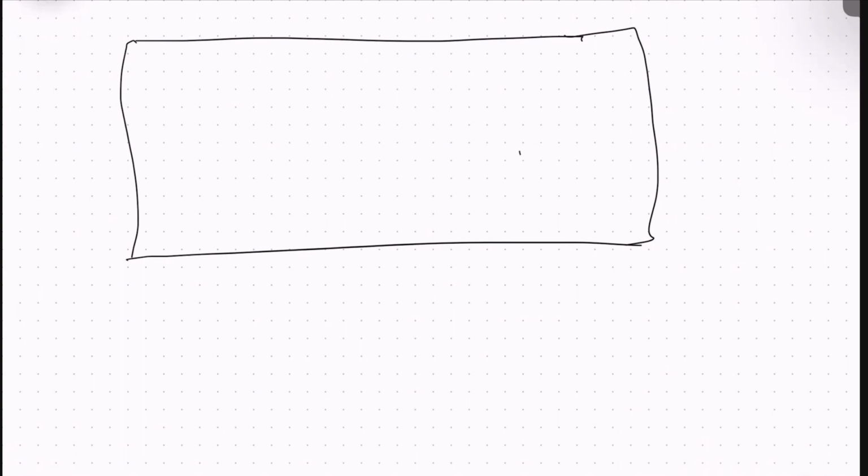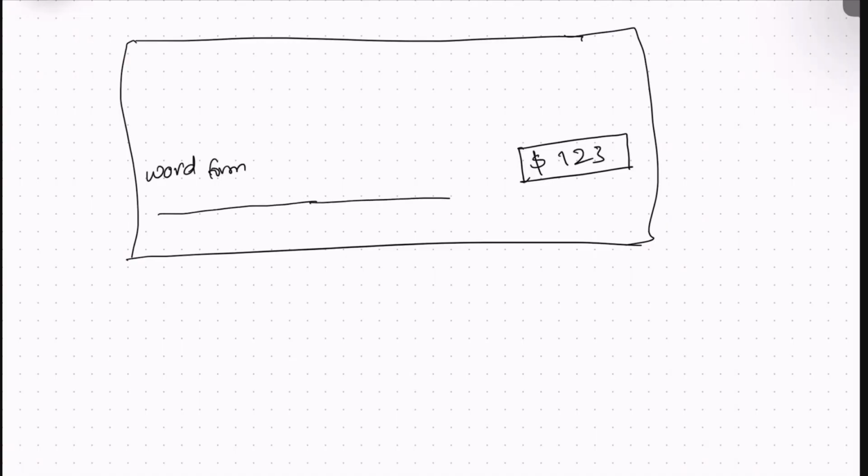The check would have two main boxes where you fill up the number. In one box you write the amount in the standard form, say 123. So this is the amount that you are paying him. And the check would also have a place where you have to fill in the word form.